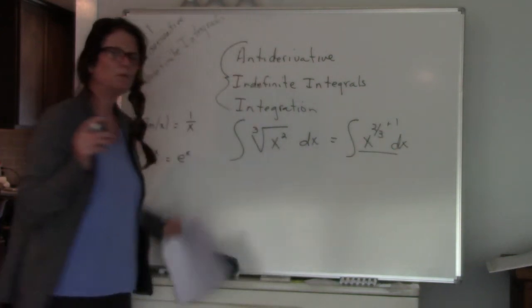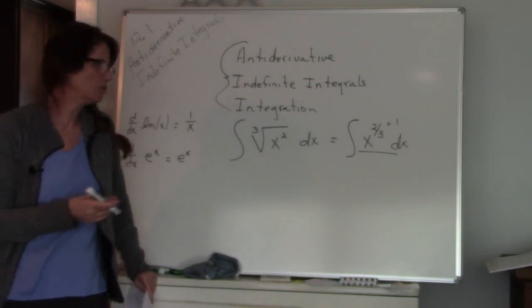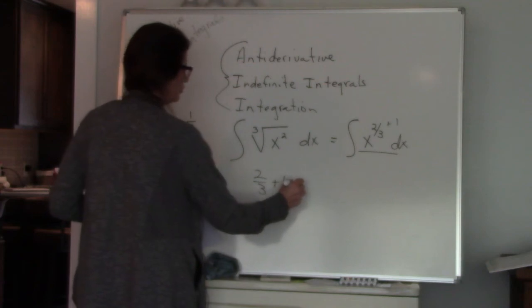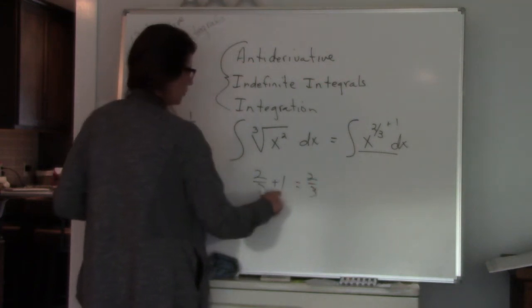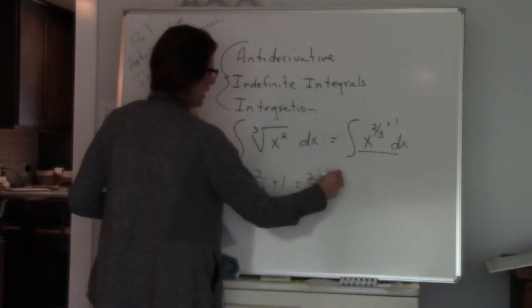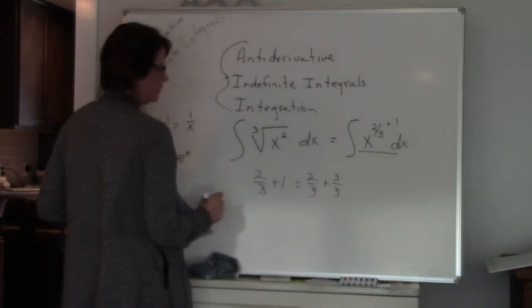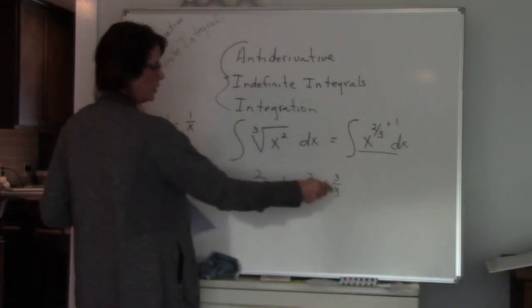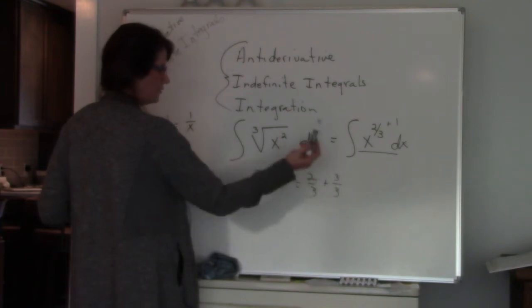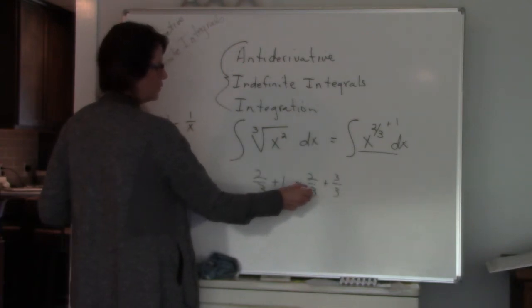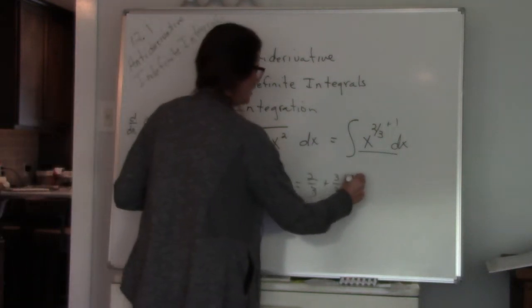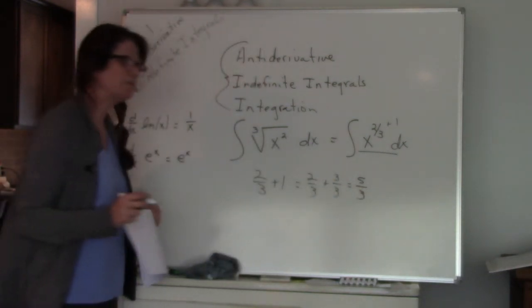So do you remember at the very beginning of the semester when I was giving you a review and I said you're going to rewrite your 1 as a common denominator? So 1 is the same as 3/3. The reason why I picked 3/3 instead of 4/4 or 5/5 is because I'm using a denominator of 3. So now it's very easy to add my fractions.